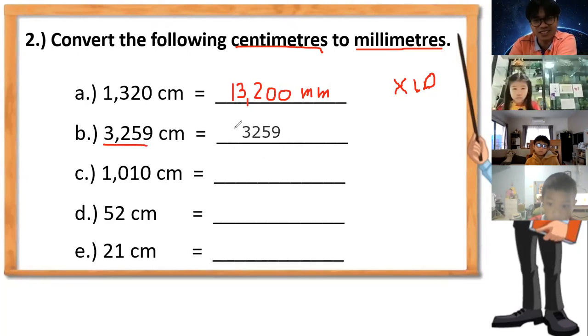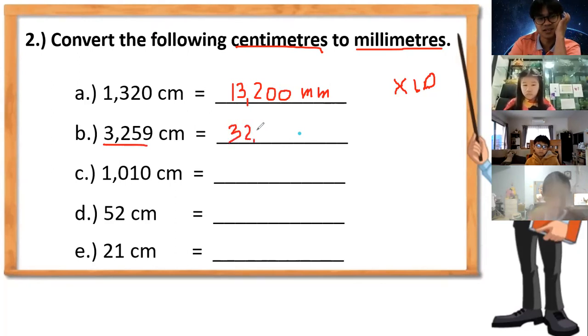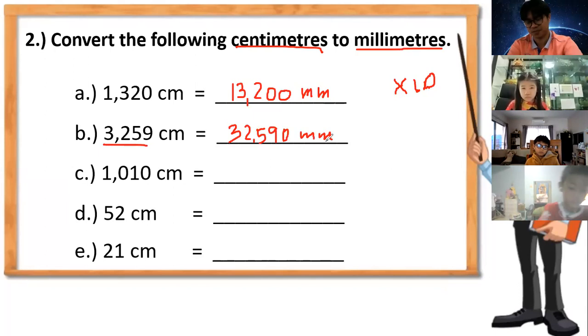What's the answer? 32,590 millimeters. Very good. Mm is the symbol for millimeters.